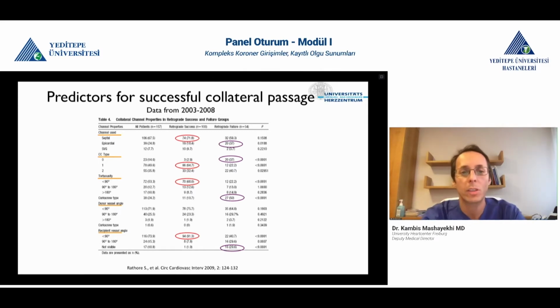What he saw was very interesting, because those are the problems we face today also. The septals seem to be easier than the epicardials, which are more likely to fail. If we have a good visible channel, it's also more likely to pass. And if there is no tortuosity, it's also more likely to pass. It's different when you have a Cruikshank type, then it's very difficult to pass, right? And also the receiving angle, the vessel angle, has an impact.